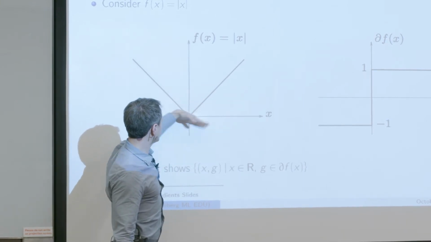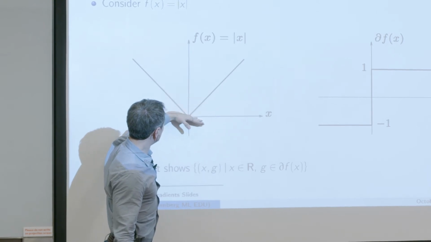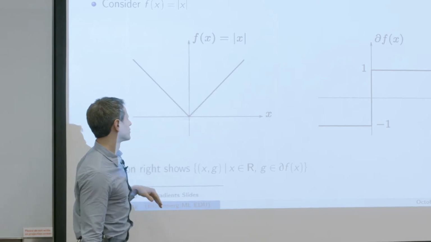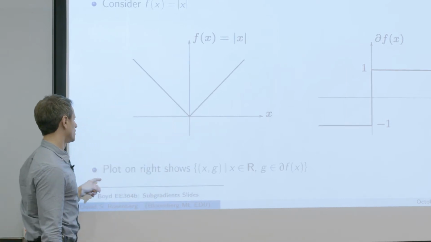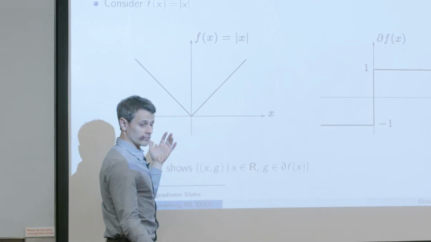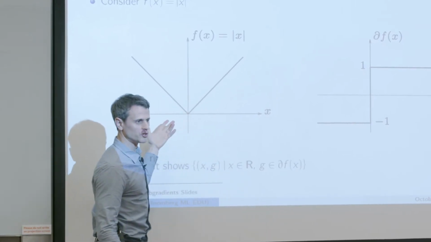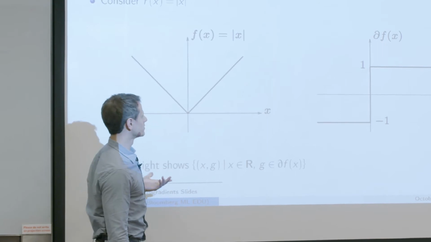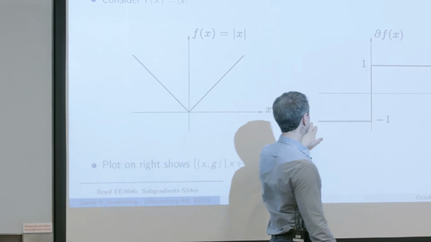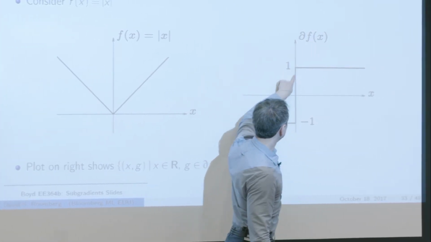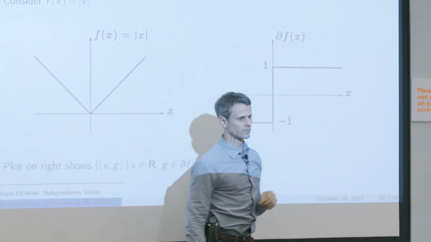Yeah, anything with slope between -1 and 1 will give you a nice lower bound. So the subdifferential at x equals 0 is the set of all numbers between -1 and 1, because here, our domain being the reals, the subgradients are just numbers. So here's a plot of the subdifferential. It's not a function. It's -1, and then here it's multi-valued from -1 to 1, and then 1 to the right.